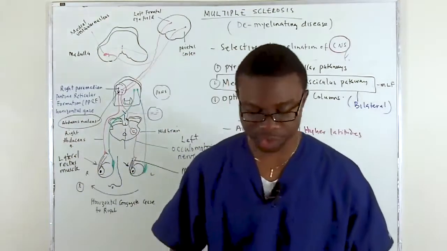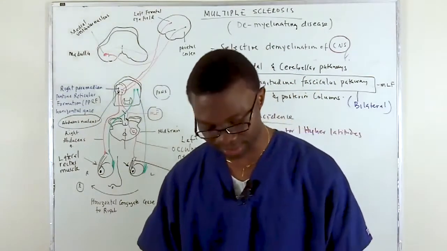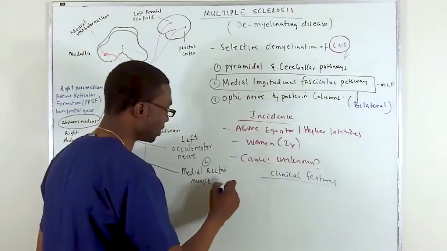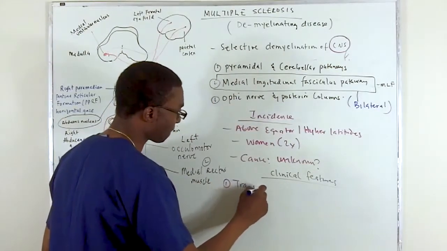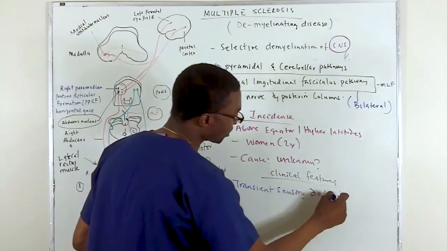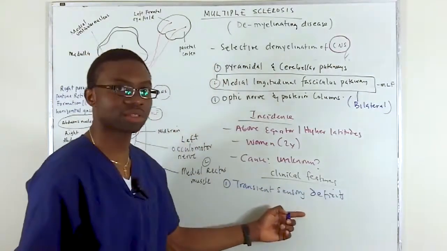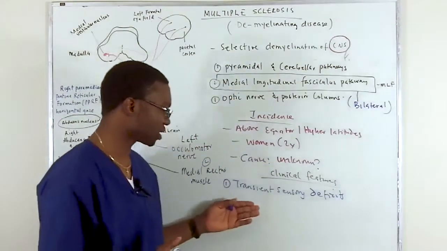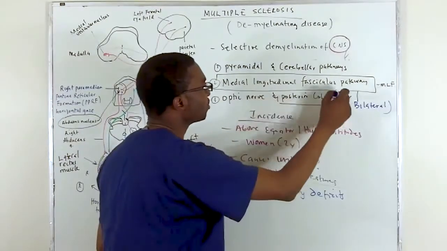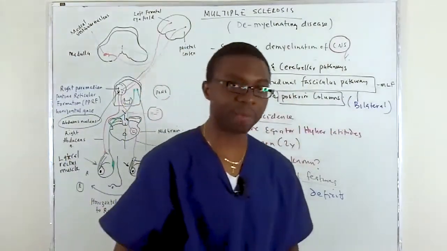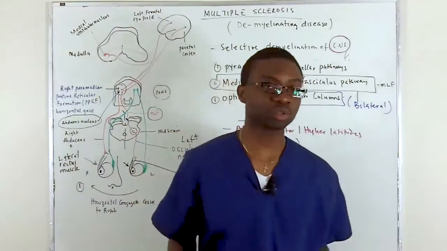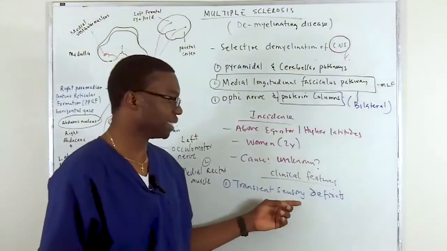Patients with MS often start off having a transient sensory deficit. Remember, the reason they're developing sensory loss for a very short amount of time, which is what transient means, is because the posterior columns, which are the neurons that go through the back of the spinal cord, in the posterior aspect, and run all the way up and cross and go to the thalamus, are being demyelinated.